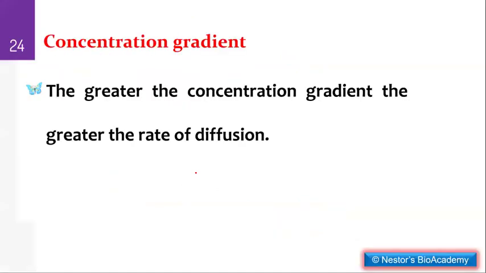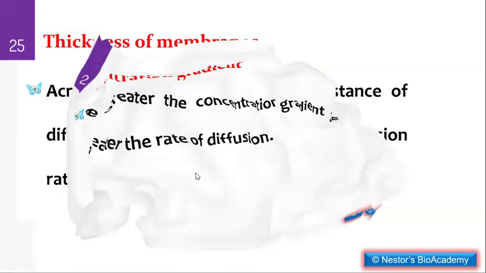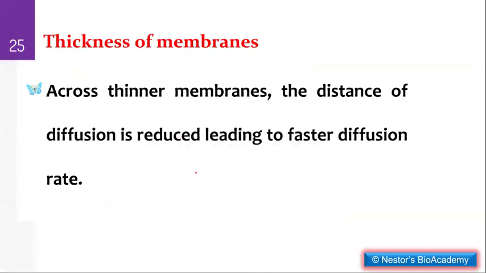Then, of course, you also have thickness of membranes. Just as we have established, diffusion can also occur across membranes. So across thinner membranes, the distance of diffusion is reduced. When the distance of diffusion is reduced, we expect a faster rate of diffusion.